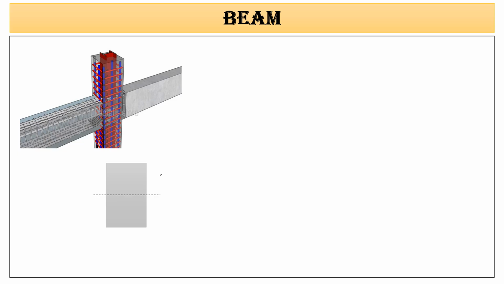What is a beam? A beam is a horizontal structural member which is present in each and every building construction. This horizontal member is called a beam. A beam contains two parts. If we cut this beam at its mid span, along its length, then this is the neutral plane.